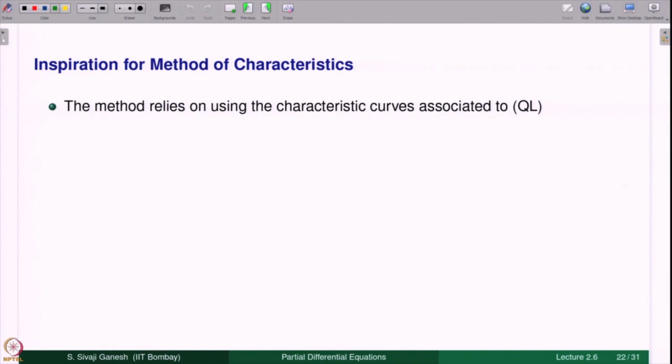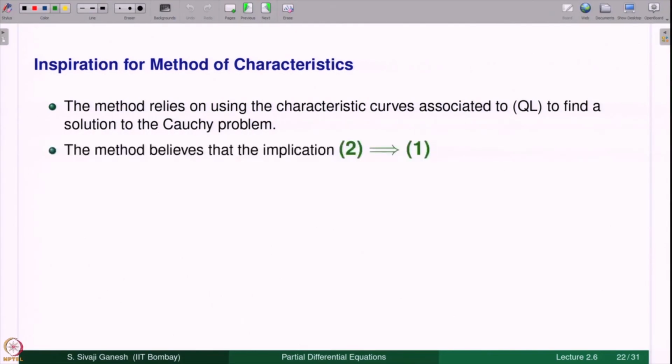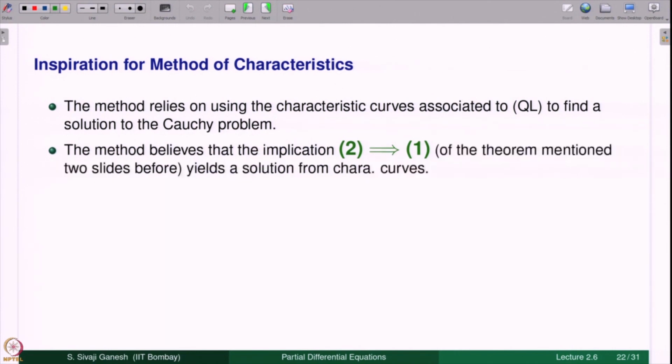So, the method relies on using characteristic curves associated to quasi-linear equations to find a solution to the Cauchy problem. It believes that the implication 2 implies 1 yields a solution from characteristic curves.